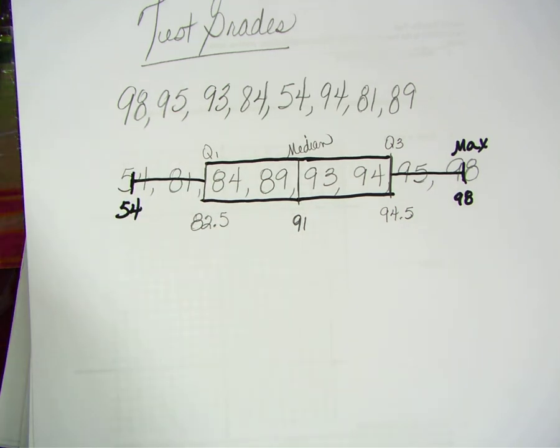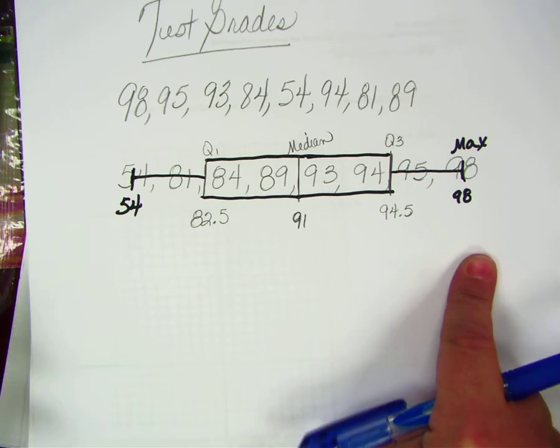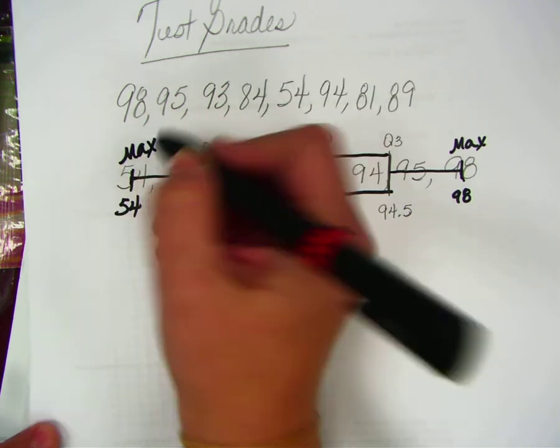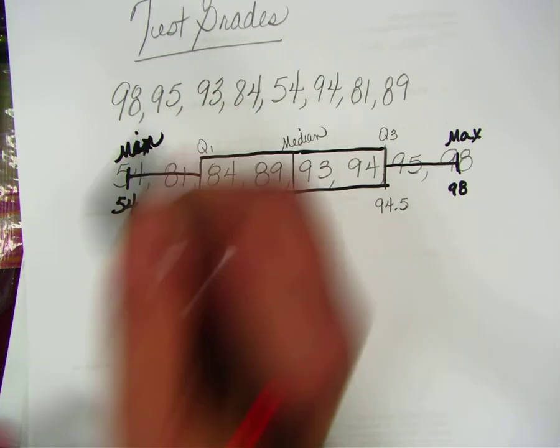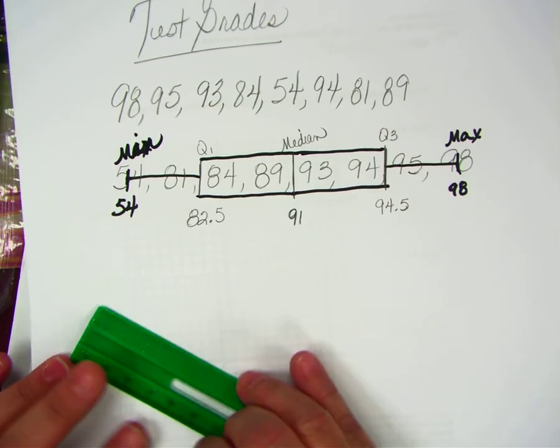But to truly be a box and whisker plot, it's got to be on a number line. And this is the part that people tend to miss. They usually understand that, but they tend to miss that it has to be on a number line. Oops, that's minimal. So I'm going to redo this on a number line.